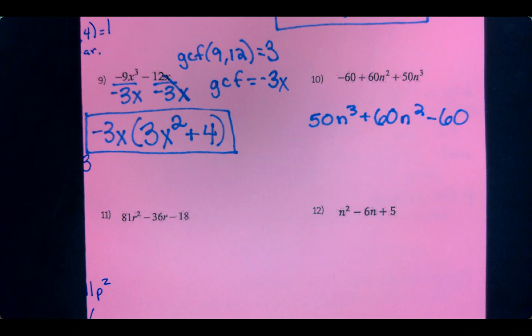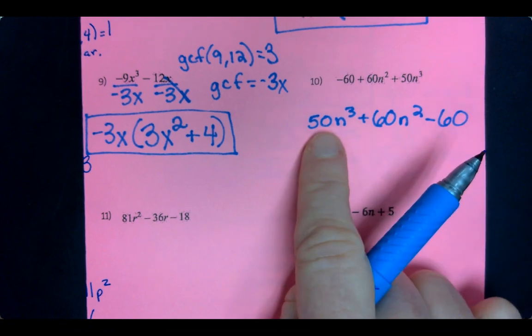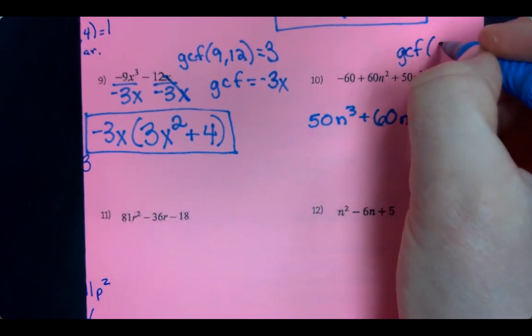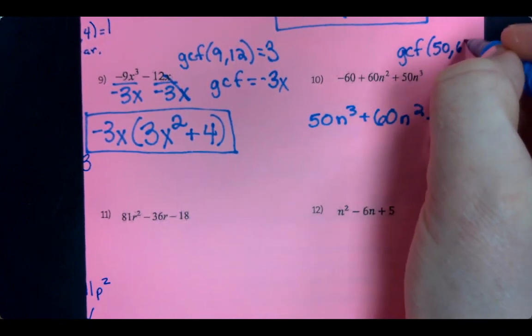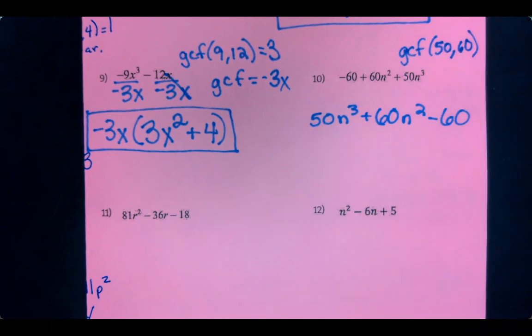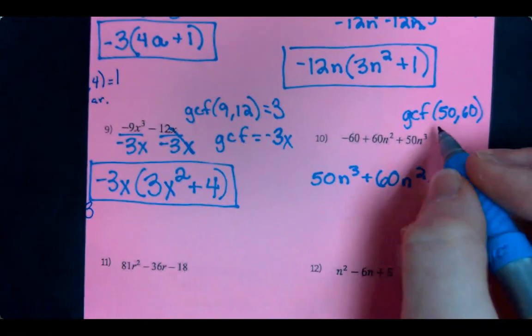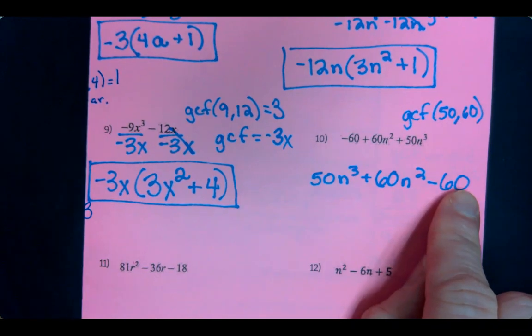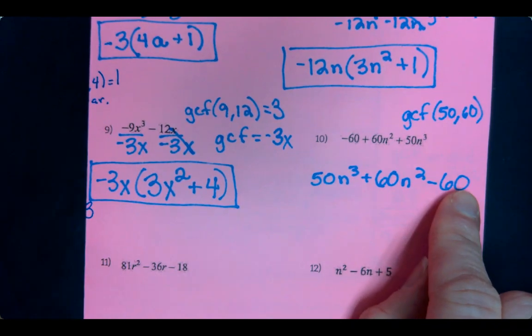And then we don't have a leading coefficient of a negative, so we don't pull out a negative. So now we just need to find the GCF of 50 and 60. So see how we have 3 terms, but they're actually just 50 and 60. So that makes it a little bit easier.